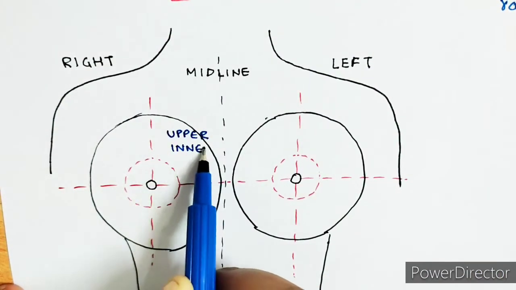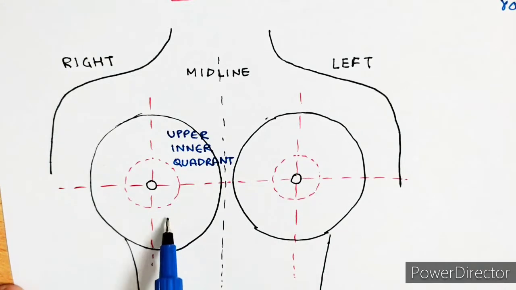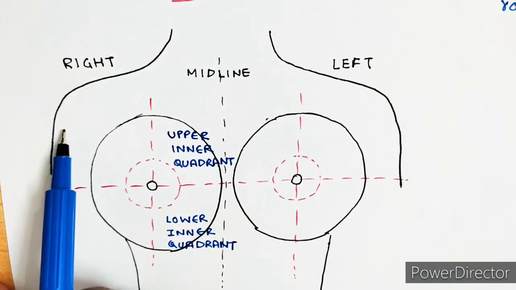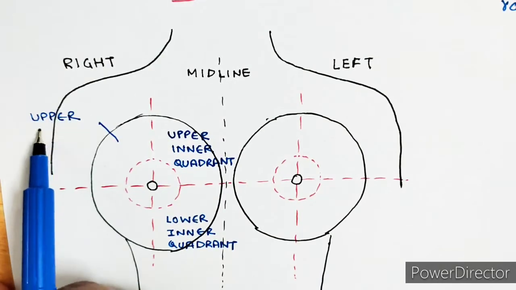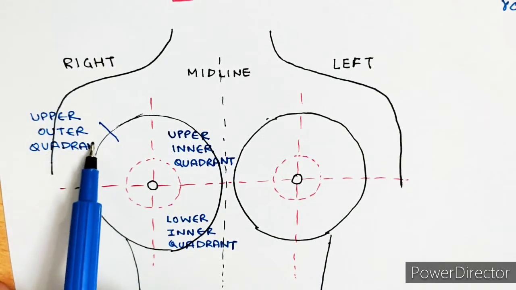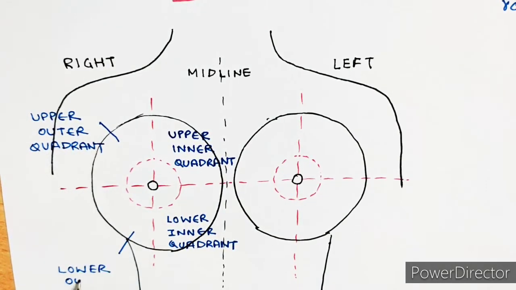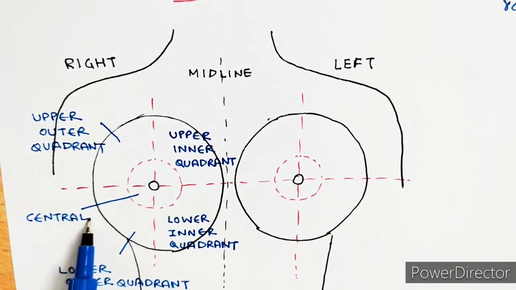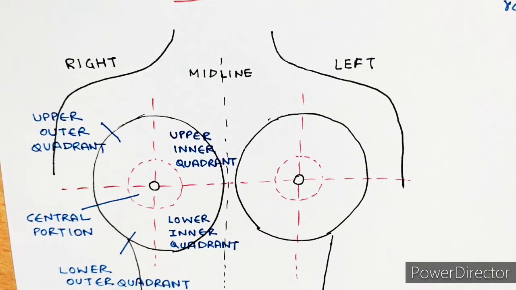So the inner quadrants are upper inner quadrant, lower inner quadrant, and this is upper outer quadrant, and this is the lower outer quadrant, and the central area is known as central portion.